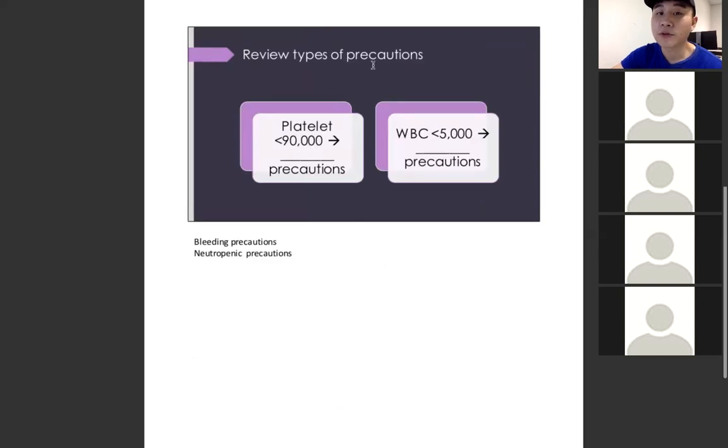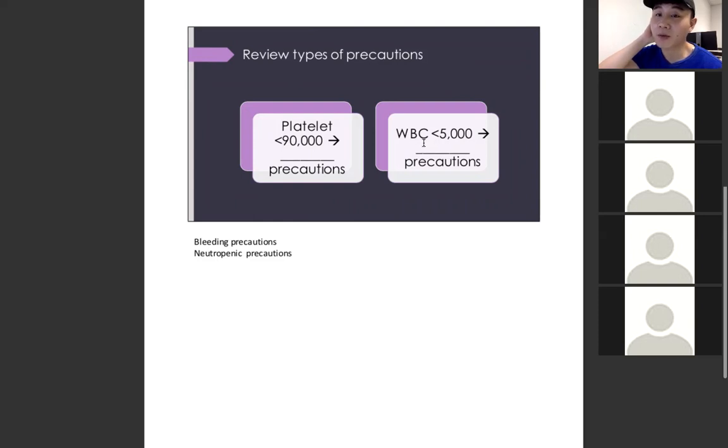So review the types of precautions. There are 2 precautions that are very important in the oncology chapter, which are the neutropenic precaution and the bleeding precaution. For bleeding precaution, we have to do certain things to prevent the patient from bleeding and falling. So we have to review that. And then neutropenic precaution. Remember, no fresh food, no fresh flowers, and make sure there are masks and gowns before entering the patient room.